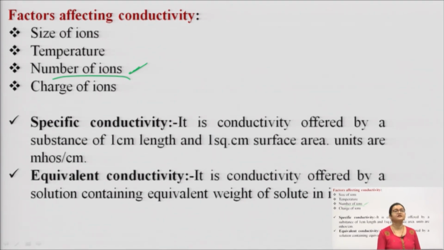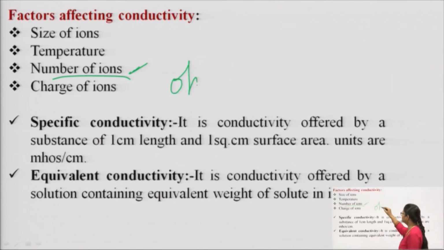Then what is specific conductivity? Specific conductivity is the conductivity offered by a substance of 1 centimeter length and 1 square centimeter surface area, and the units are mhos per centimeter. As we all know, resistance has a unit of ohm.